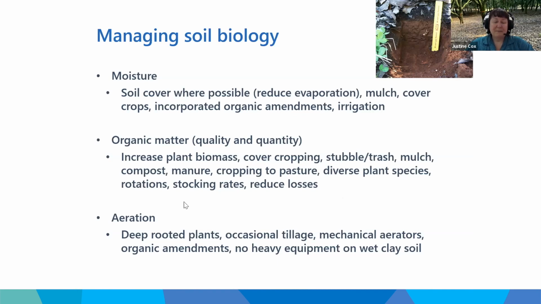Organic amendments. There's some research looking at a ripping and organic matter combo to get organic matter down to depth, which will help with aeration. Also, preventing compaction in the first place is really important. So no heavy equipment on wet clay soil, and you will then avoid the compaction issue.